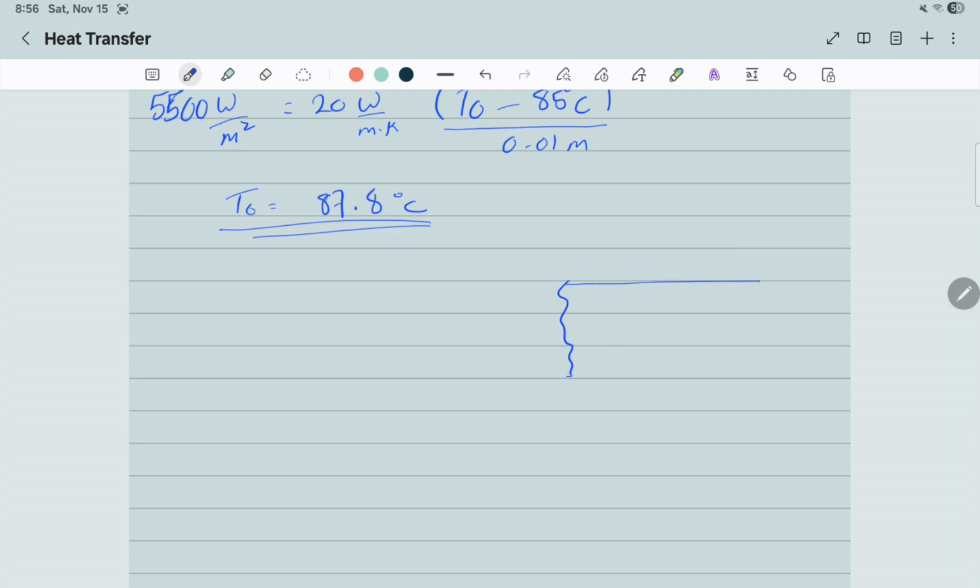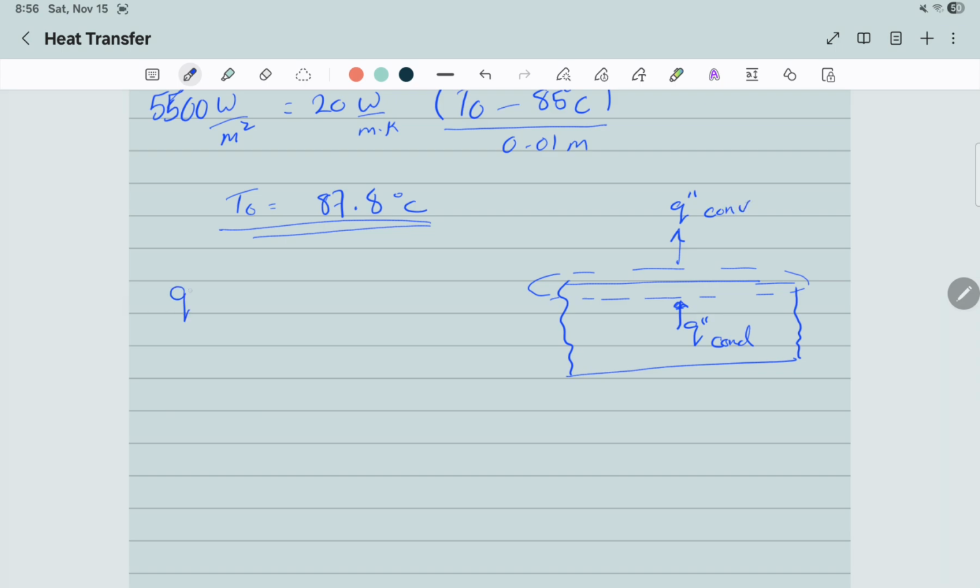Now if you did a top surface energy balance, it's also correct, and I can show you. This is the schematic of the duct wall. We're using the surface here for our energy balance. The heat flux entering that surface is conduction. The heat flux leaving that surface is convection.